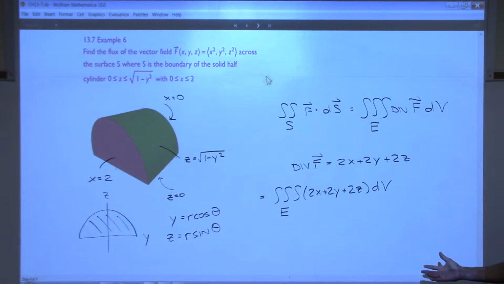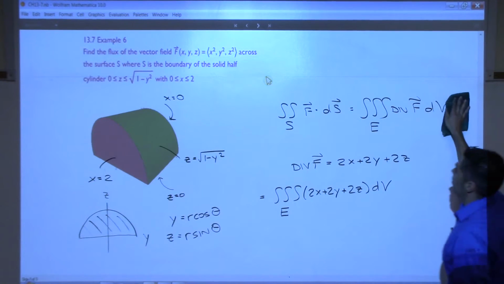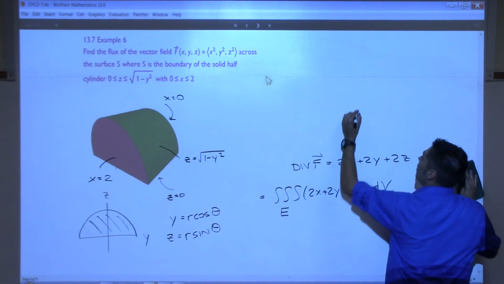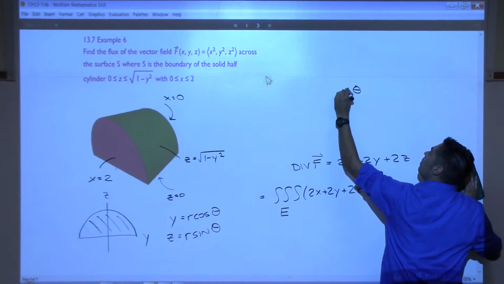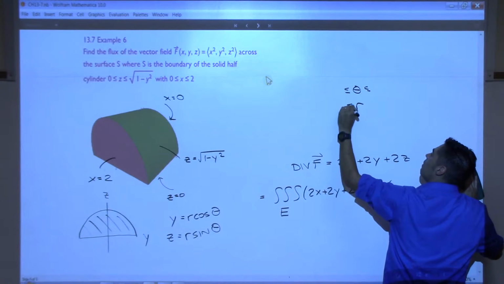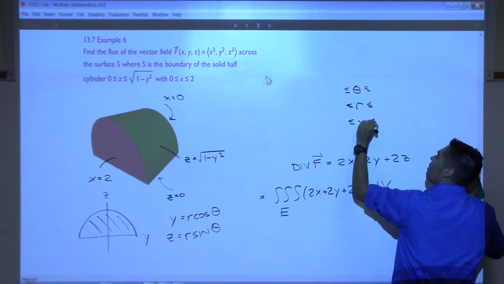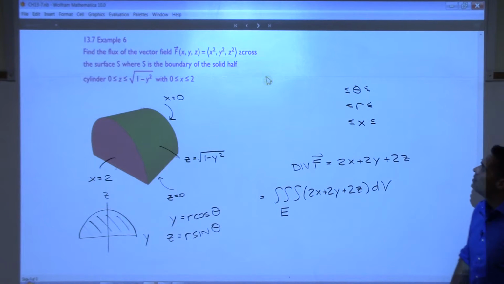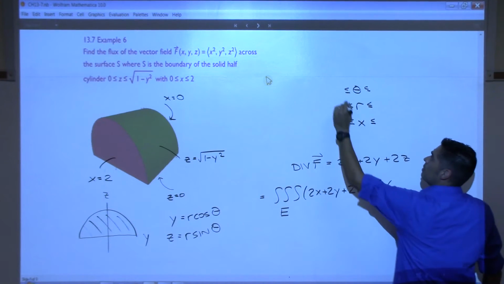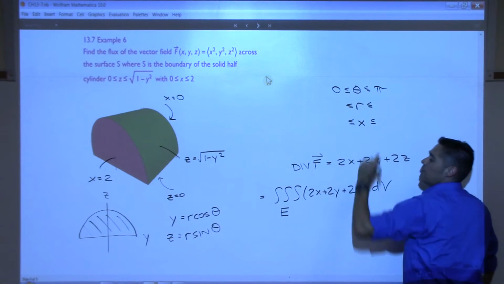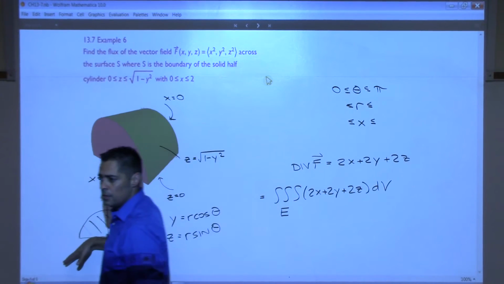All those things are in play, right? And I'm going to put my restrictions. What are my restrictions on theta? What are my restrictions on r? And what are my restrictions on x? Because those take care of the three variables, right? So theta is between 0 and pi, because I don't want to draw the whole circle. I just want to draw the top half.